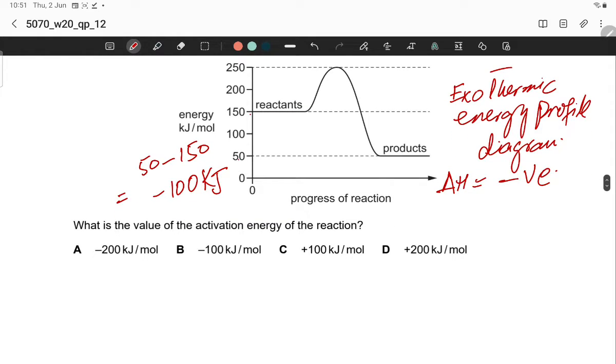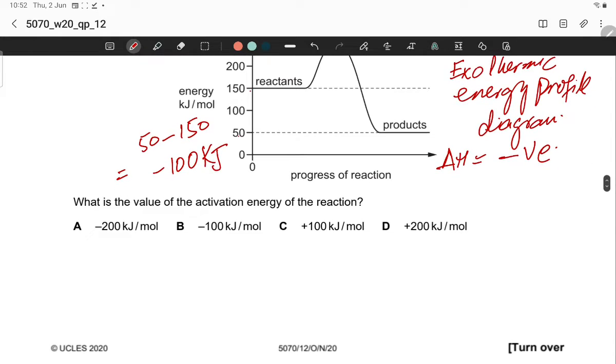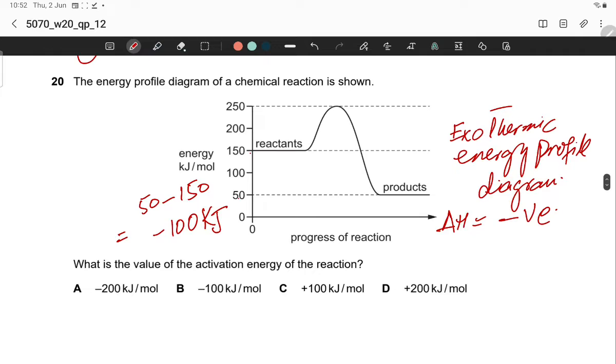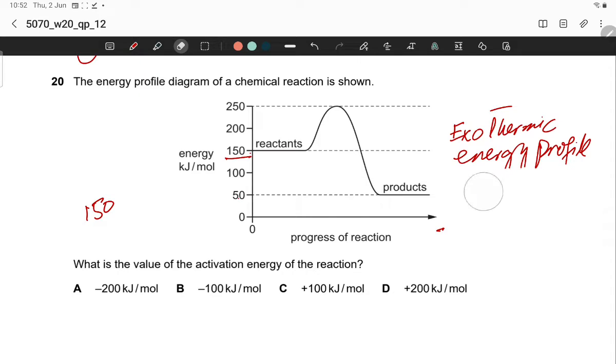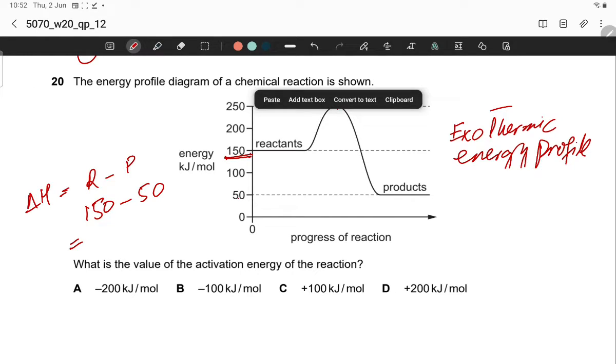Sorry, it is reactant minus product, 150 minus 50, for delta H. But the question asks what is the value of the activation energy of the reaction.